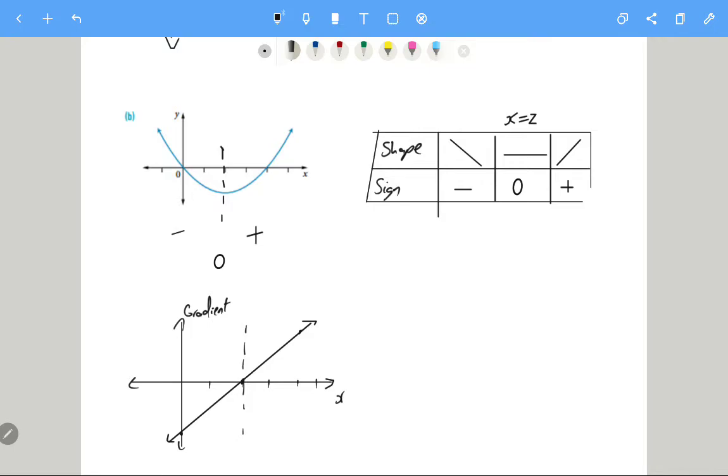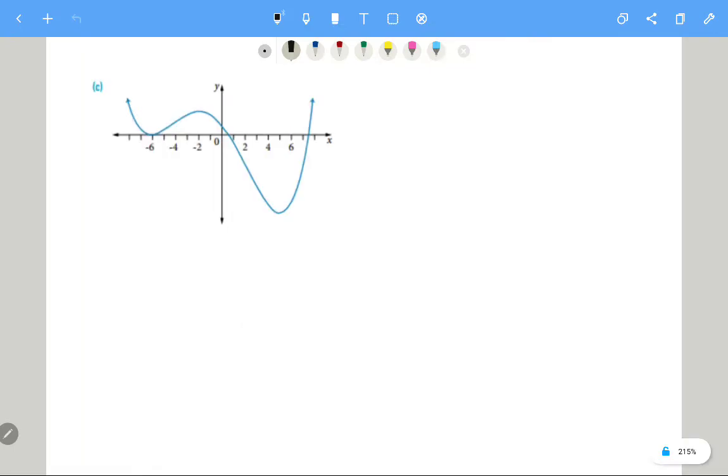Let's look at a slightly more complicated one. So this one is negative, then it is flat, then it is positive, then it is flat, then it is negative, and then it is still negative, and then it is flat, and then it is positive. Okay, so quite a lot of changes on this one. Let's draw up a table.